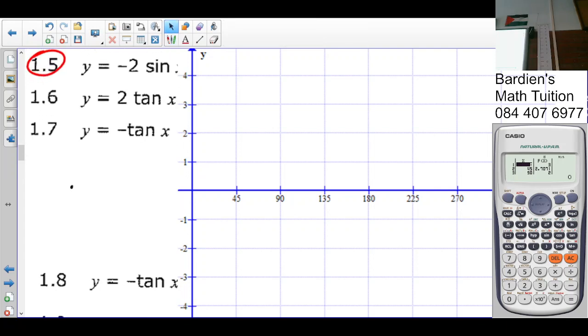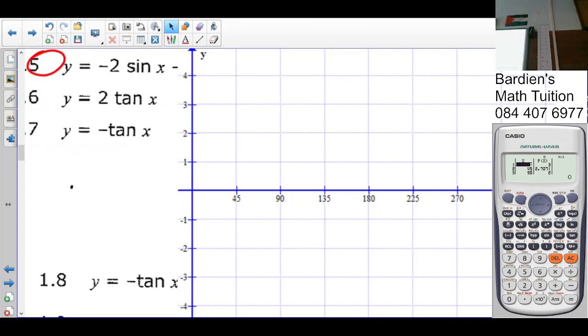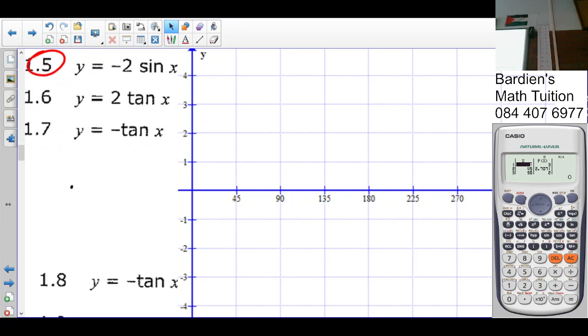So that is the negative 2 sin x graph minus 1. Again, you can plug this in the calculator: negative 2 sin x minus 1, and we take the values between. Can you see that?